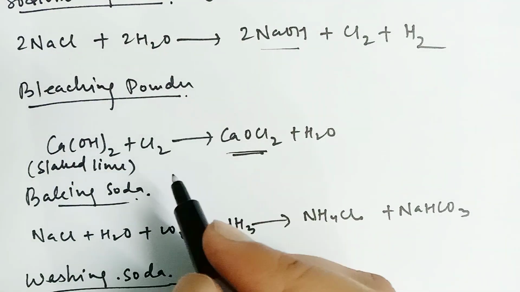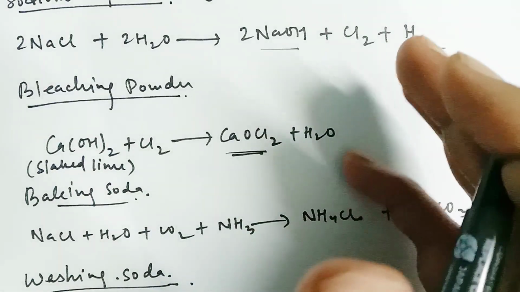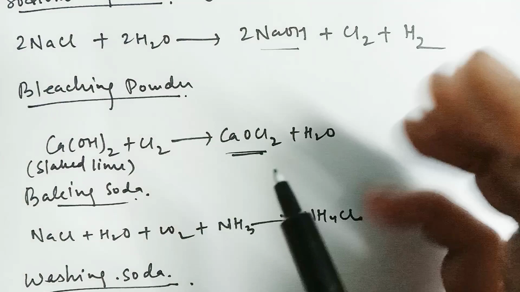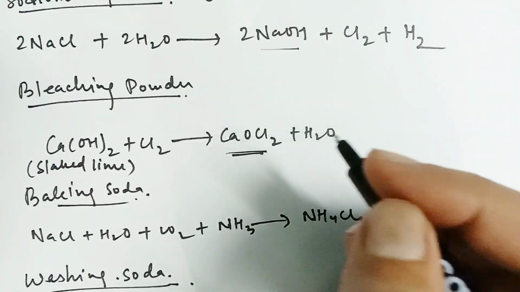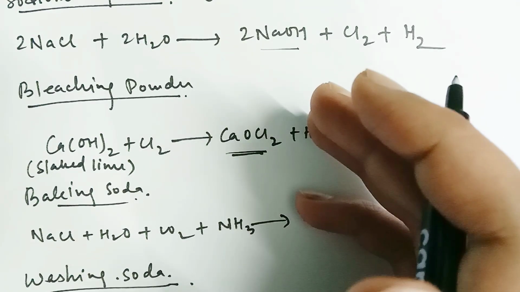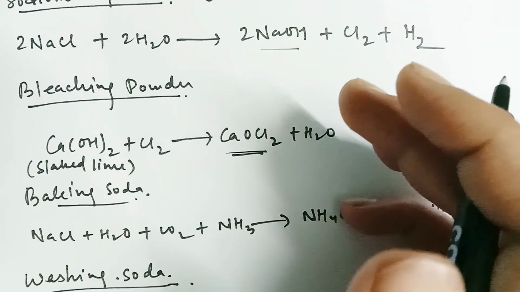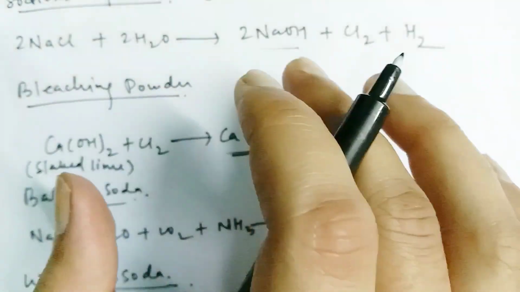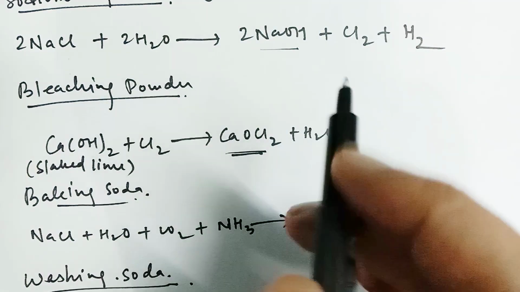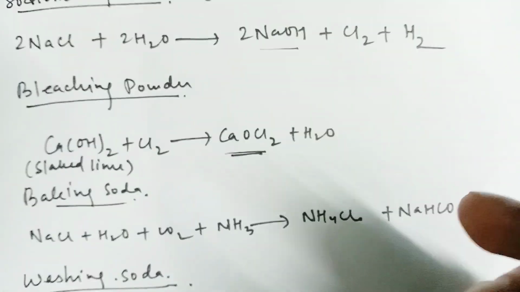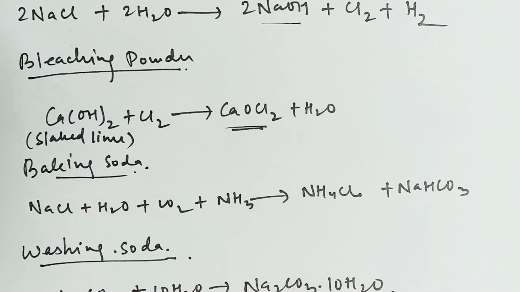Bleaching powder is used in industries like textile industries as an oxidizing agent, also used as a disinfectant in drinking water to make it free of germs. Sometimes it is also used on a slippery place, you put it and the place becomes rough. So these are some of the uses of bleaching powder.